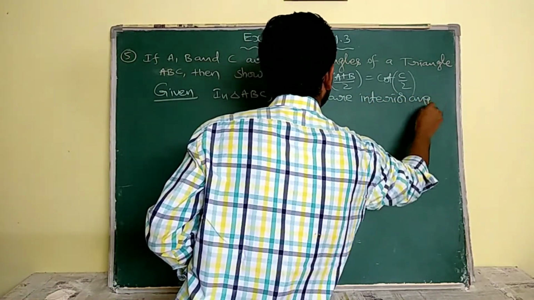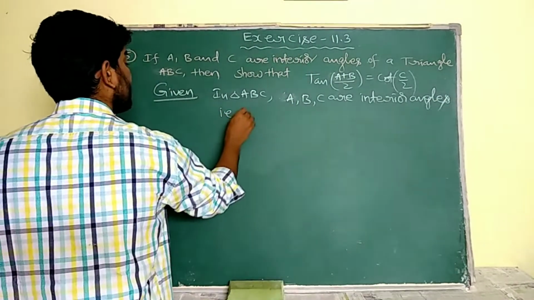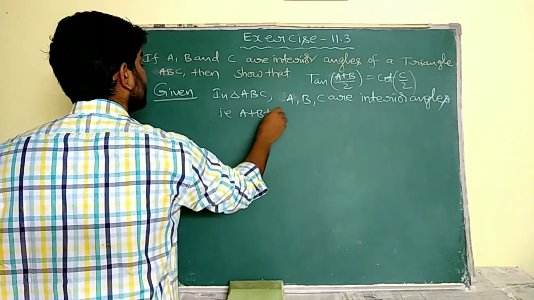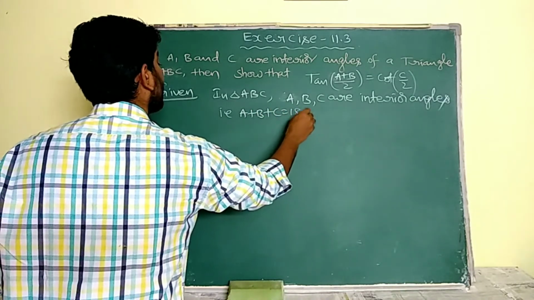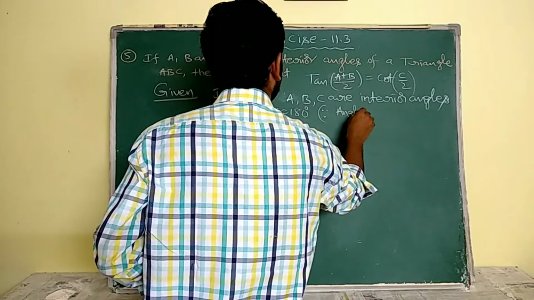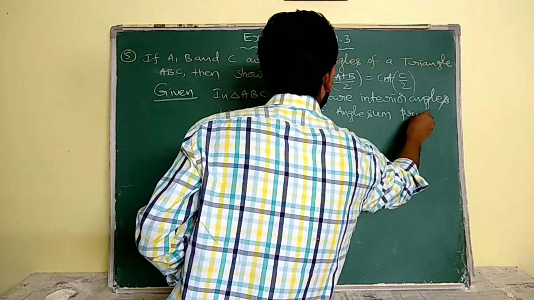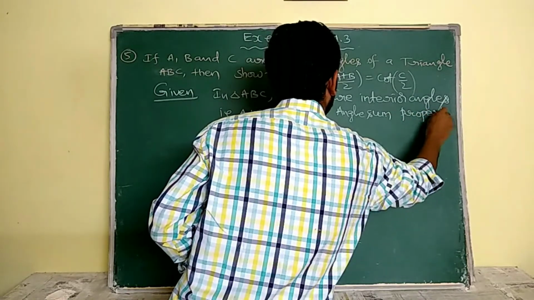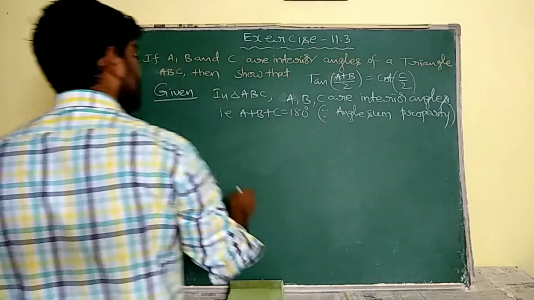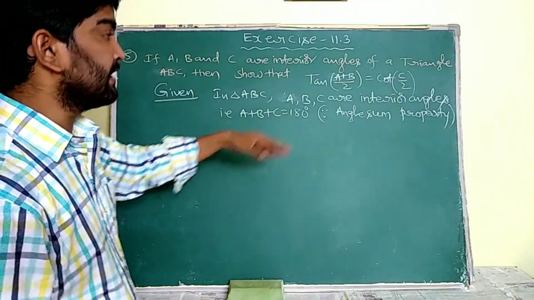That is, we know that A plus B plus C is equal to 180 degrees. That means angle sum property. So A plus B plus C is equal to 180 we obtained.